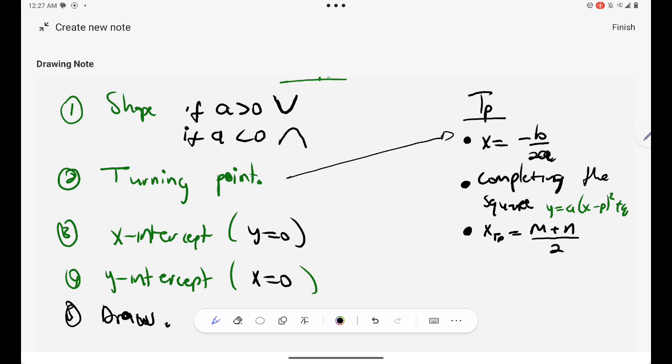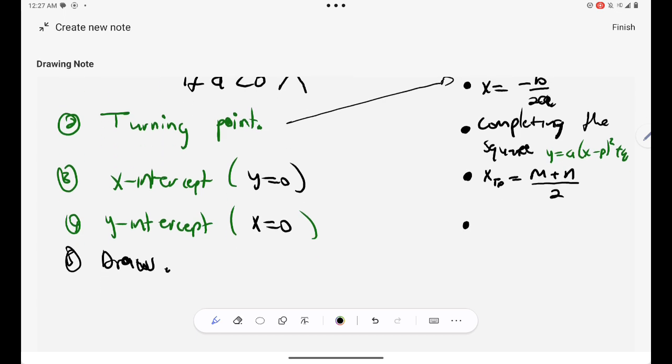And then the fourth way of doing it, to those who are doing grade 12, you can find the derivative of your graph and make it equal to 0, and then solve for x. After finding x, take that x value, substitute it into the original equation of the graph.